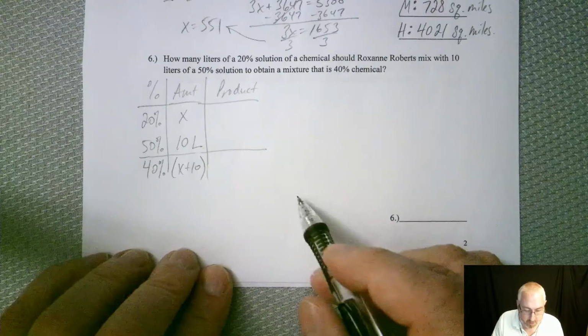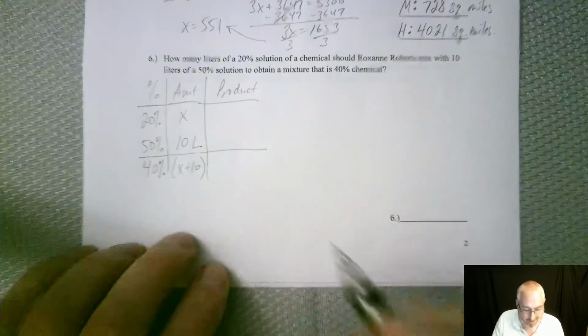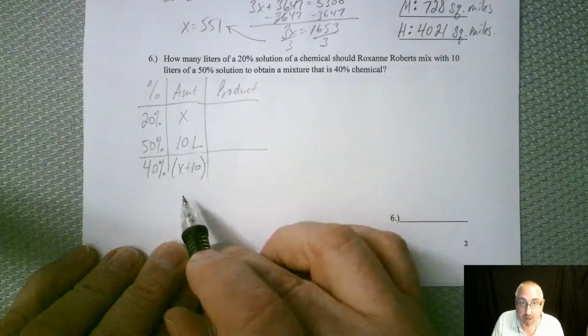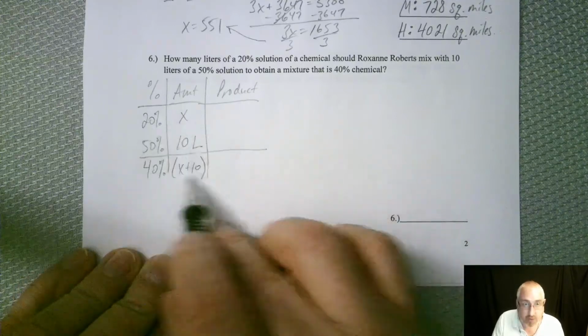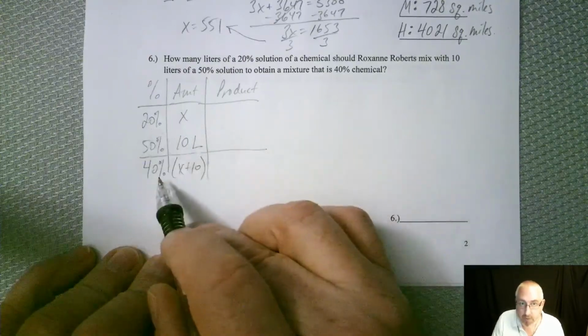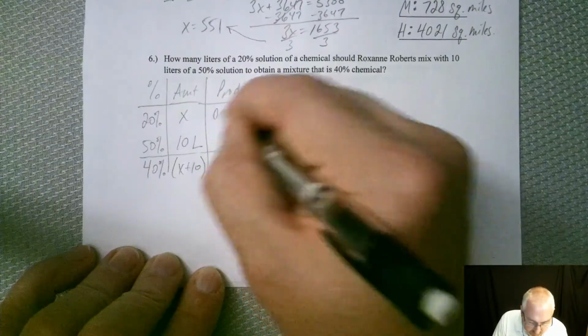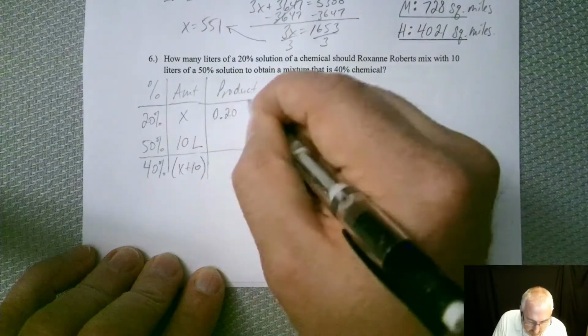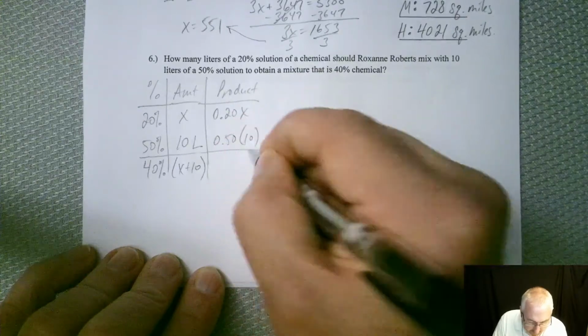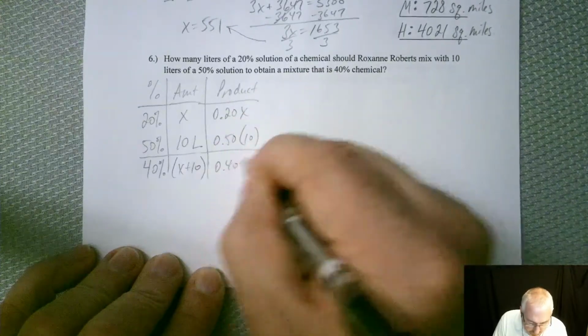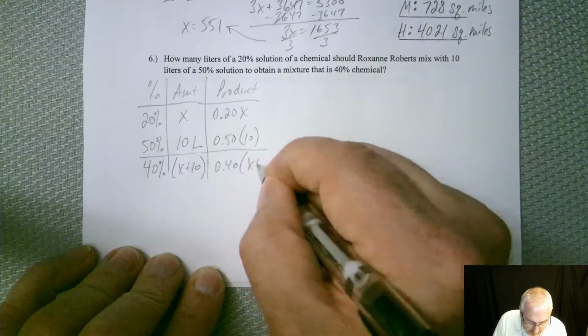All right, we're almost there. Now that you have this column set up, now we can get our products. So remember, your products are just multiplying straight across. And while we're doing that, let's change those into decimals at the same time. So 0.20 times X, 0.50 times 10, and 0.40 times X plus 10.